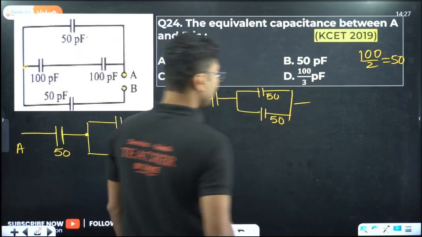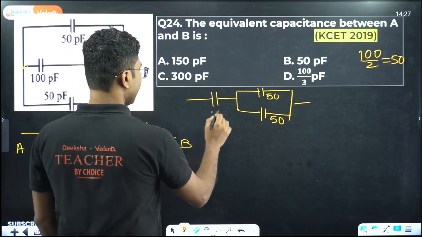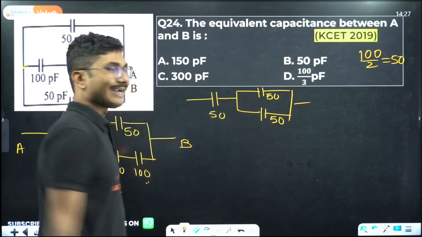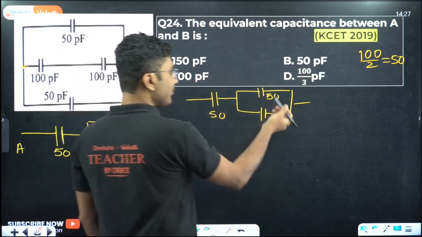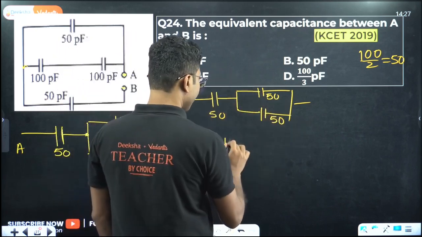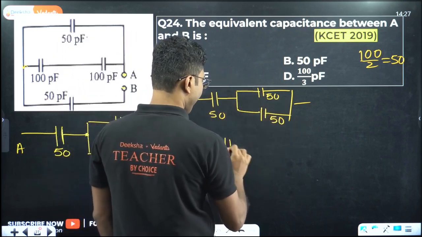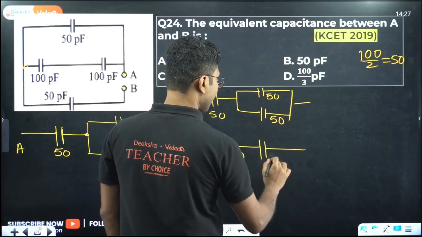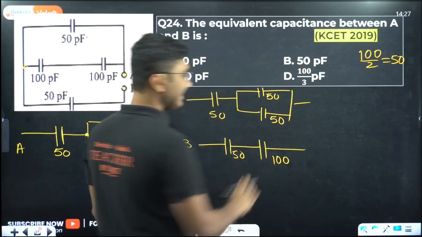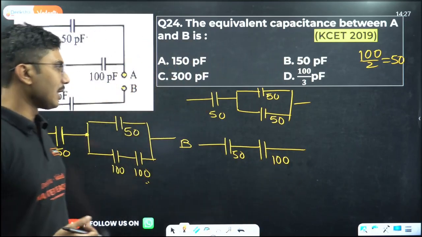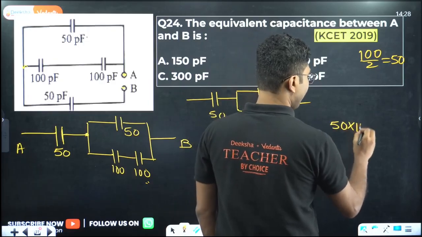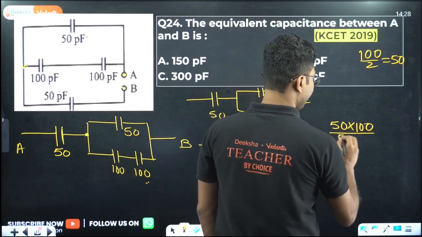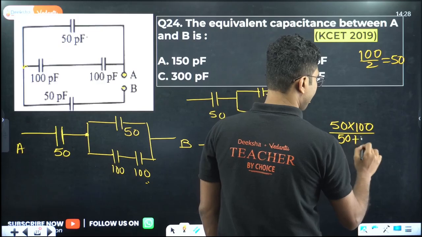Now this is 50. Now 50 and 50 are connected in parallel. In parallel, they get added. So 50 plus 50 is 100. So 50 and 100 now are connected in series. Now you have to use the formula: 50 into 100 divided by 50 plus 100.